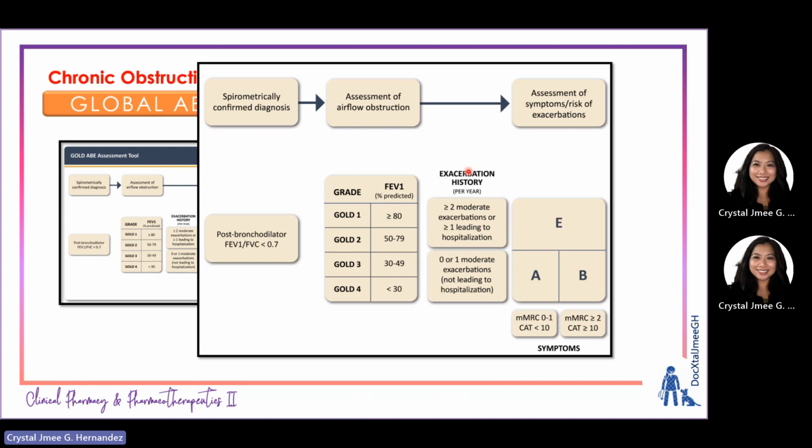So under the exacerbation history, this is per year, so you will quantify. Is it more than 2 moderate exacerbations, or more than or equal to 1 but it led to hospitalization? If that is the case, it's E. So exacerbation history versus the symptoms. Here is where we get the score from the mMRC and the CAT.